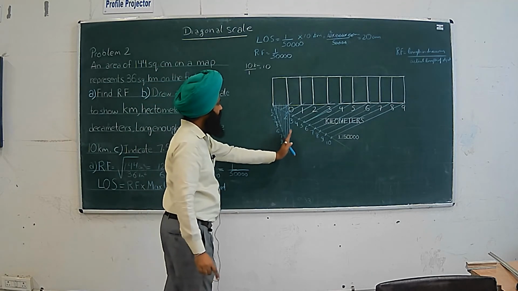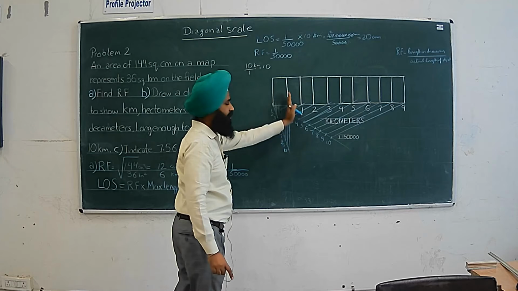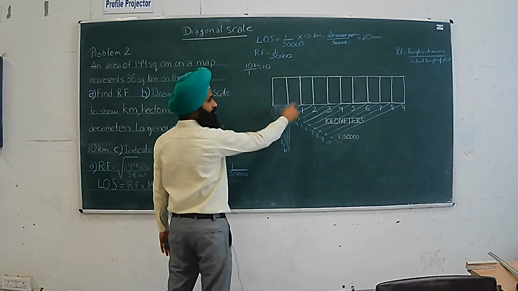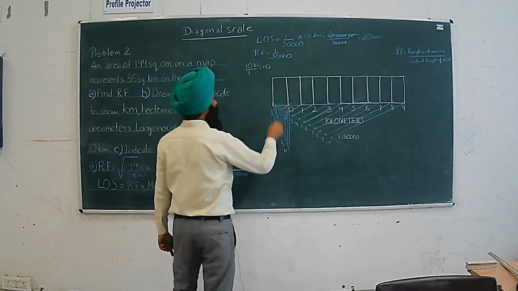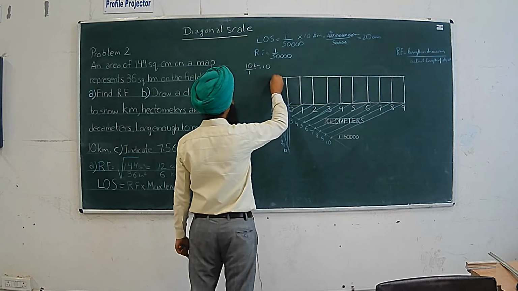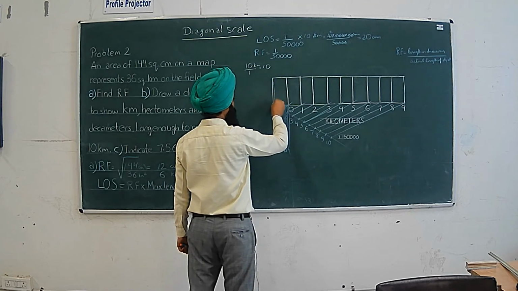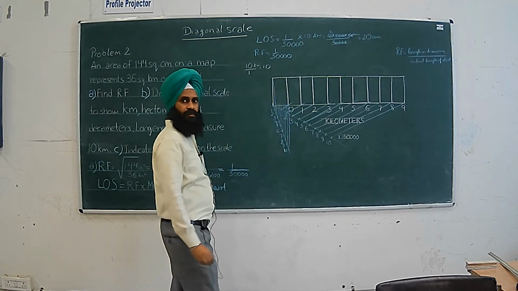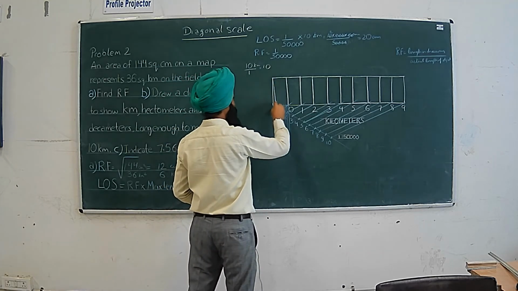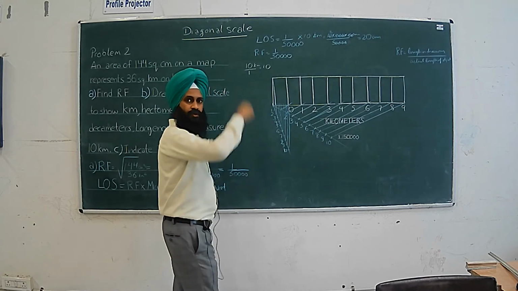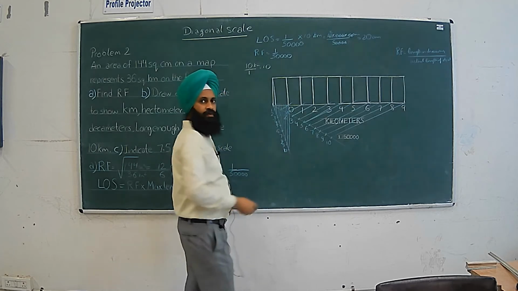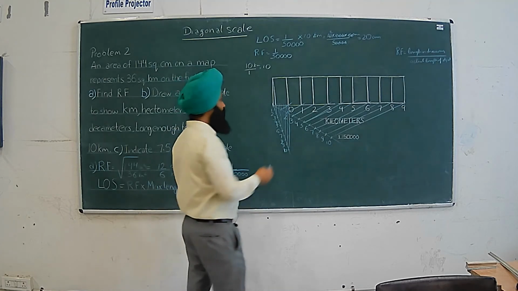We'll draw parallel lines to this line from every point, and these will intersect this baseline. Take the 9th division and join it with the top of the 10th division for making the diagonal. Now draw lines parallel to this line from every point which is dividing this line.